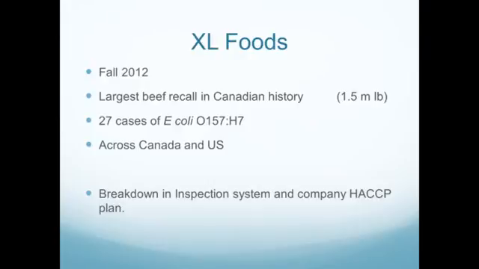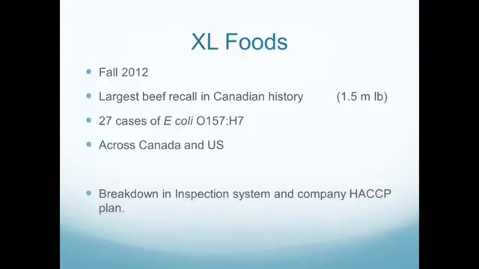Well, a few years later, in 2012, we had the XL Foods incident. Essentially, this plant produces ground beef and meat and beef trim, which is used for various meat products. And essentially what we had is a breakdown of the inspection service.